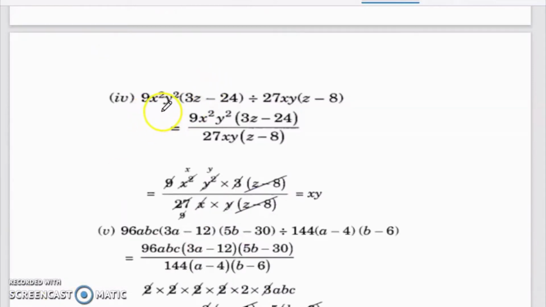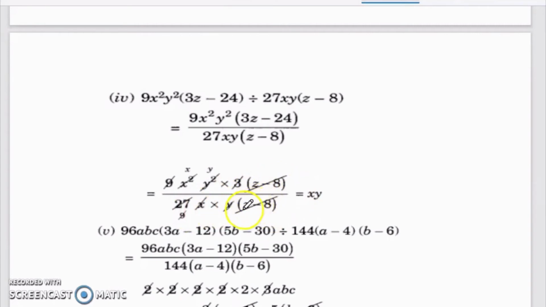Next one, 9x²y² into (3z − 24). Again see, 3z and 24, you have a common factor between these two. 3 is a common factor. So in 3z − 24, from here you can take 3 common, divided by 27xy into (z − 8). So this will be written in this way: 9x²y² into 3 into (z − 8) divided by 27x into y into (z − 8).